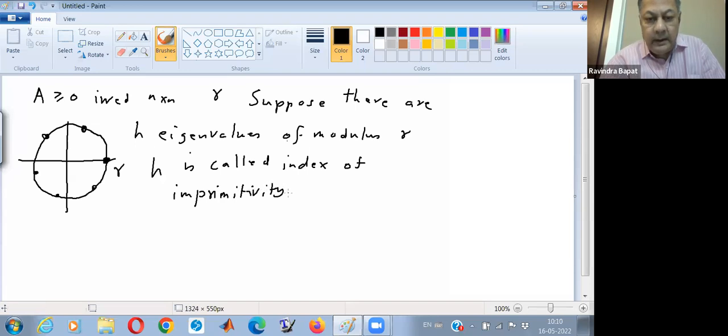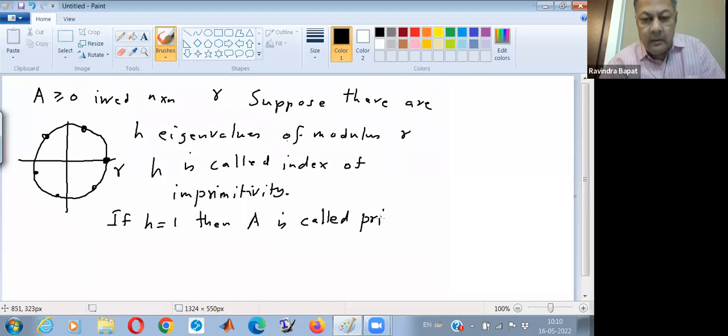And why is it called index of imprimitivity? Because of the other definition: if h is equal to 1, that means there is no other eigenvalue other than the spectral radius on the boundary, then A is called primitive. And if A is not primitive, then it is imprimitive.